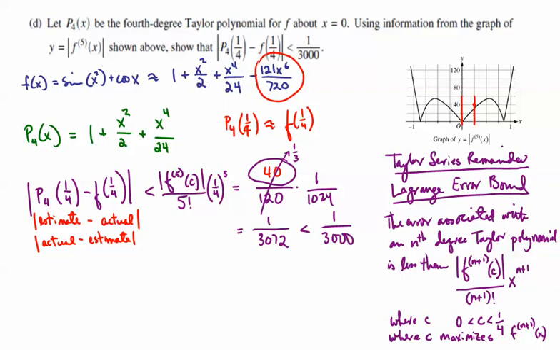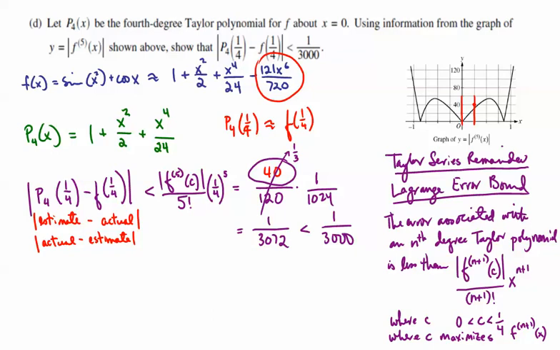And so we've shown that since we use 40, which is higher than what it actually is, an upper bound for the derivative there, then our actual number will come in to be less than 1 over 3072, but that is well less than 1 over 3000.